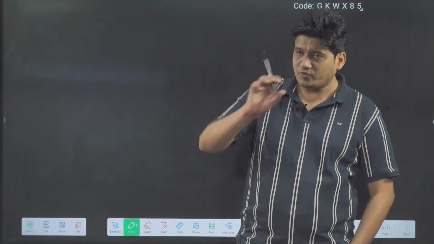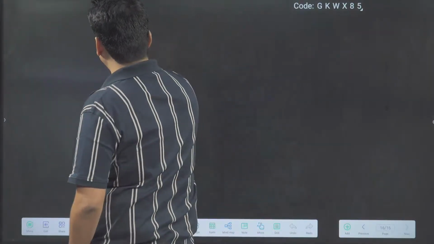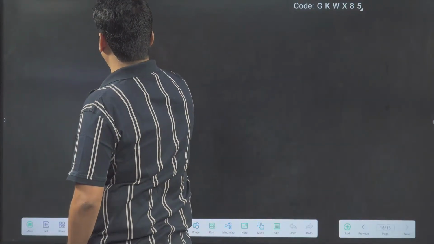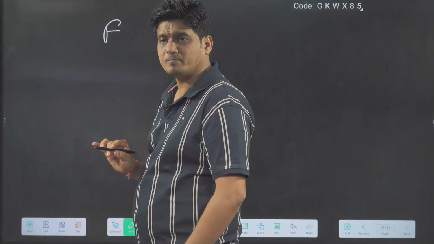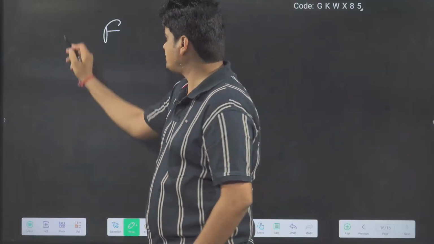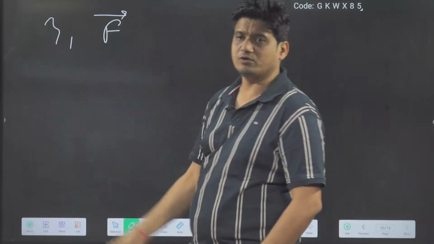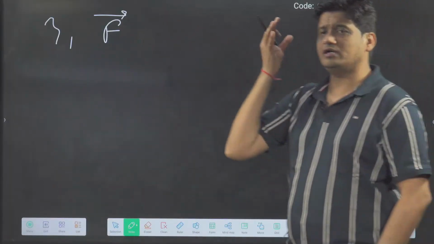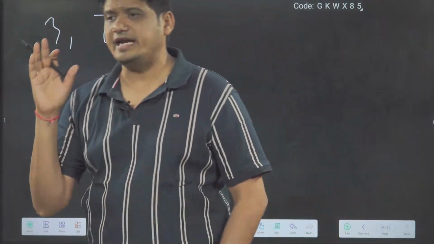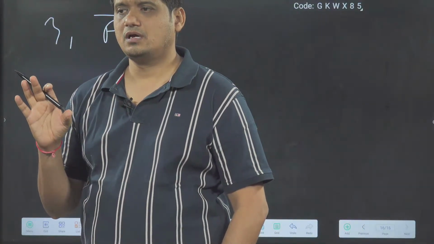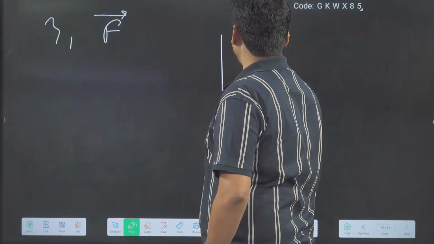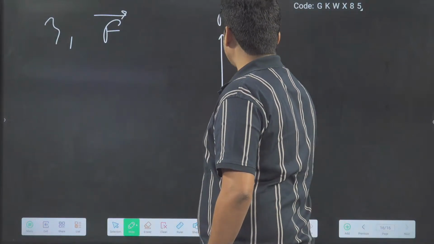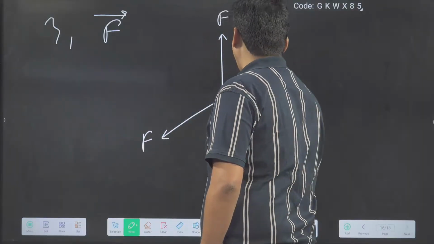Getting or not? So here we'll apply a small concept of physics. Tell me, if you have 3 vectors of equal magnitude, let's say F, force vectors, and I want zero net force, what to do there?